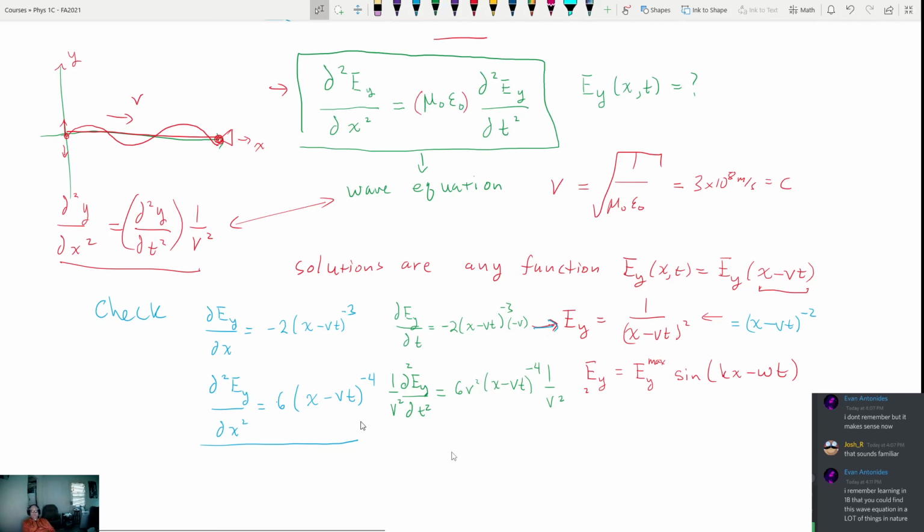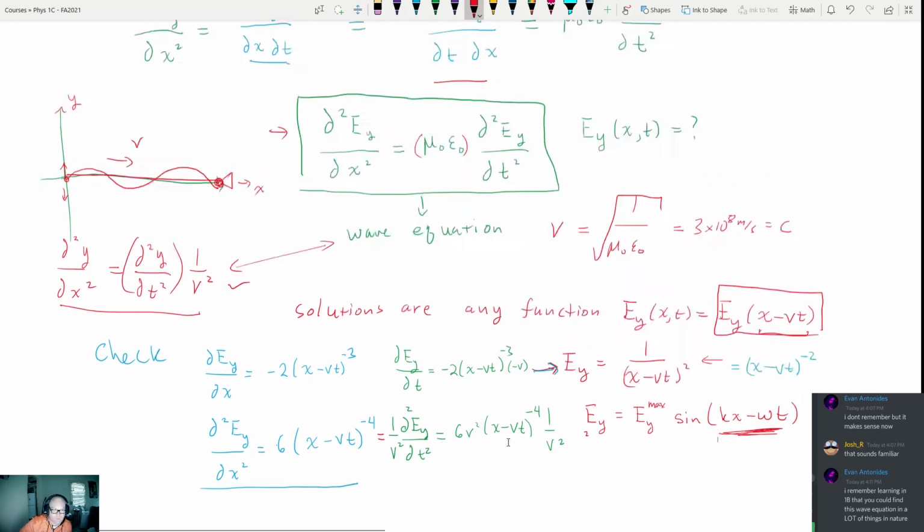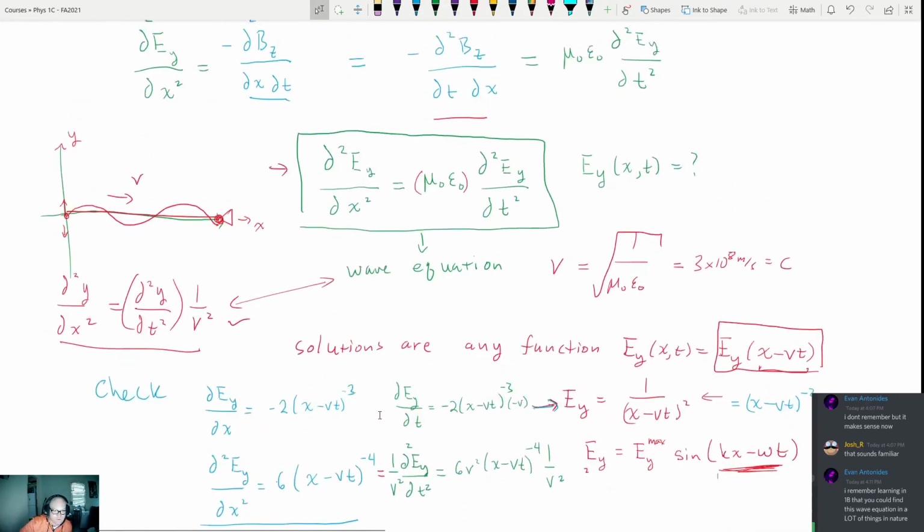Okay, so can you see then that these are equal? Which verifies that it satisfies the wave equation, and that any function of this form will automatically satisfy the wave equation. They can also have this kind of form as well. It'll also work. So that's it. Light is an electromagnetic wave, and we've basically proved that that's the case by showing that the electric field satisfies the wave equation, which was well known by that point.